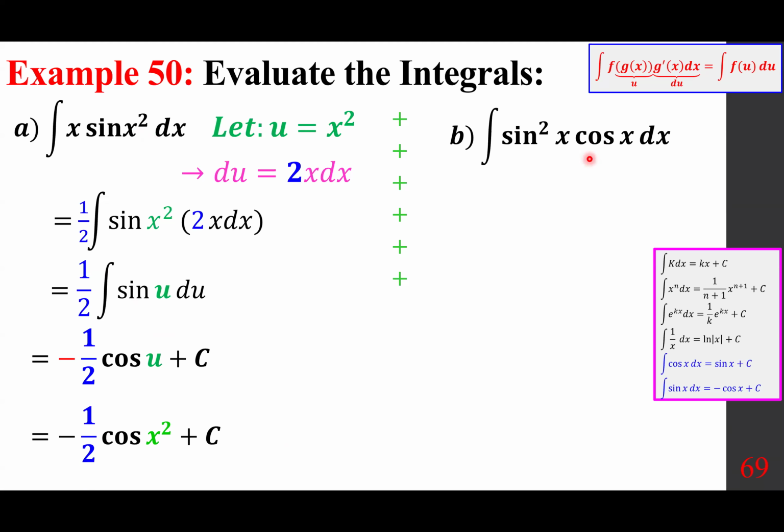What happens? We have both sine and cosine. The one that does have the exponent is the choice of u. Without the exponent, in this case, is sine x. The derivative is cosine. So du is cosine x dx.